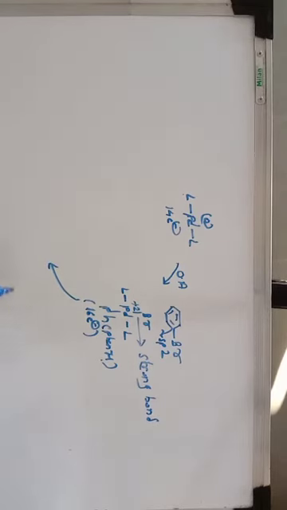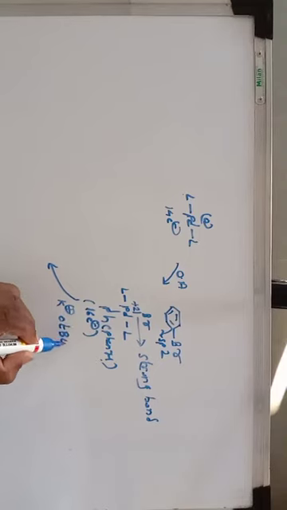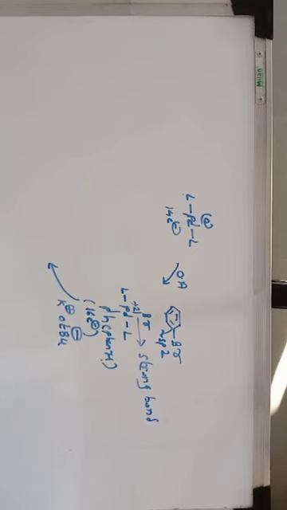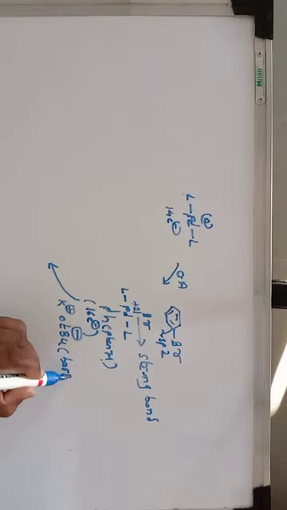For example, let us consider in this case potassium tertiary butoxide, K positive, OtBu having negative charge. So this is not your solvent, this is your base. The role of base is very important.